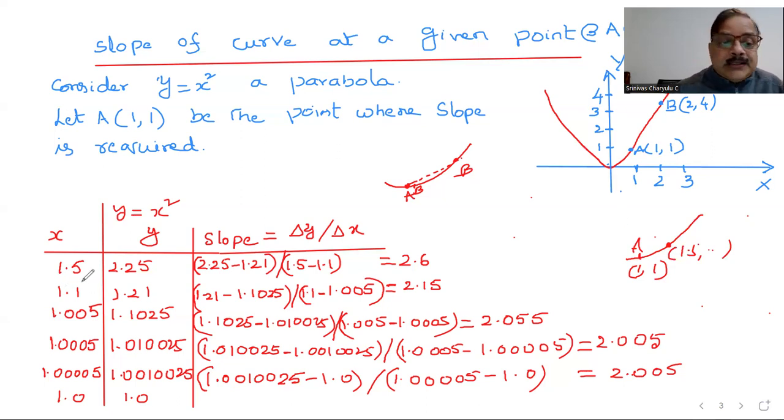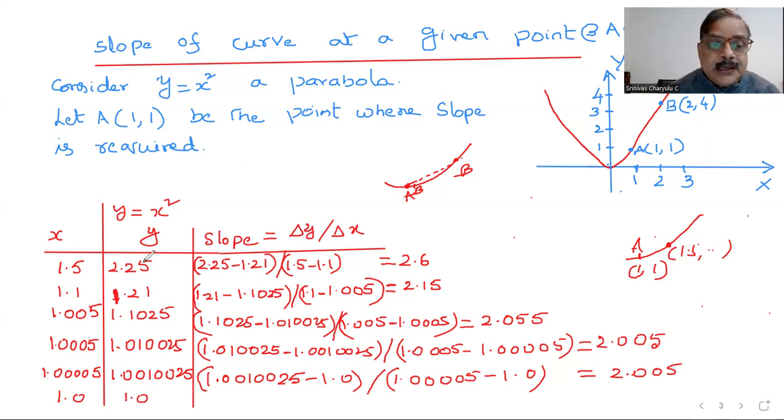Next I will choose 1.005. So I have taken a set of values very close to 1, and computed the corresponding values of y using the equation x square. This one is 1.21, then 1.1025.